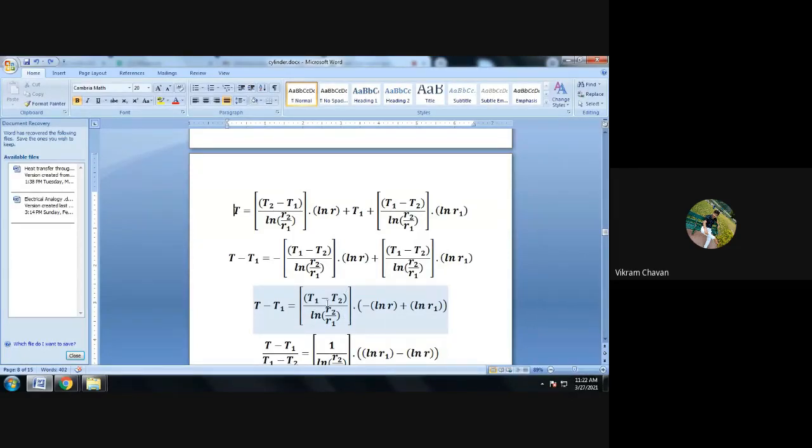This square bracket we have taken common. So what will remain in the bracket? Minus ln of R remains from the first term, and from the second term plus ln of R1 remains as it is. Bracket complete.